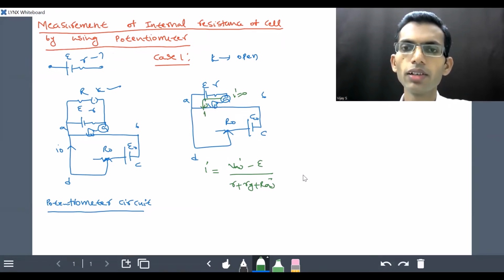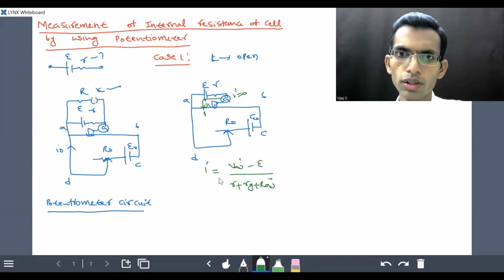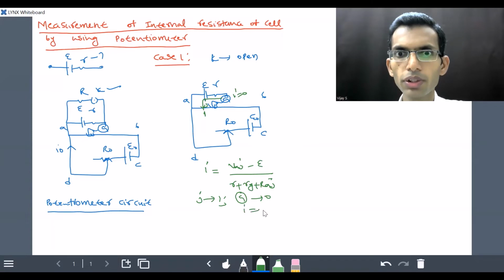Now, we said already when the moving contact J is at position 1, galvanometer shows zero deflection. That means current becomes zero. When we substitute into this expression, what we are going to get?